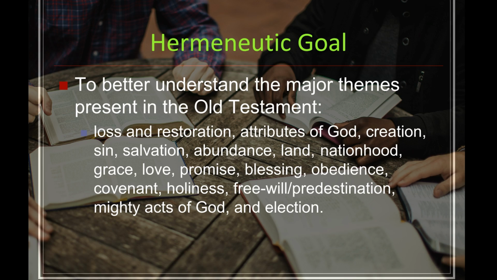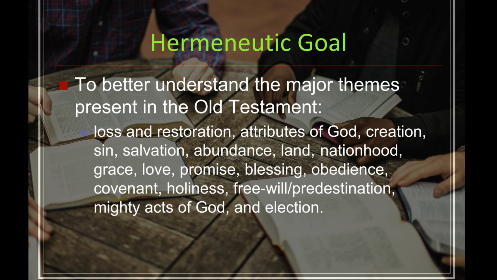The goal of a biblically based interpretation is often to better understand the major themes present in the Old Testament. In this way, we identified several themes that are developed in the Old Testament, finding ultimate fulfillment in the New Testament.